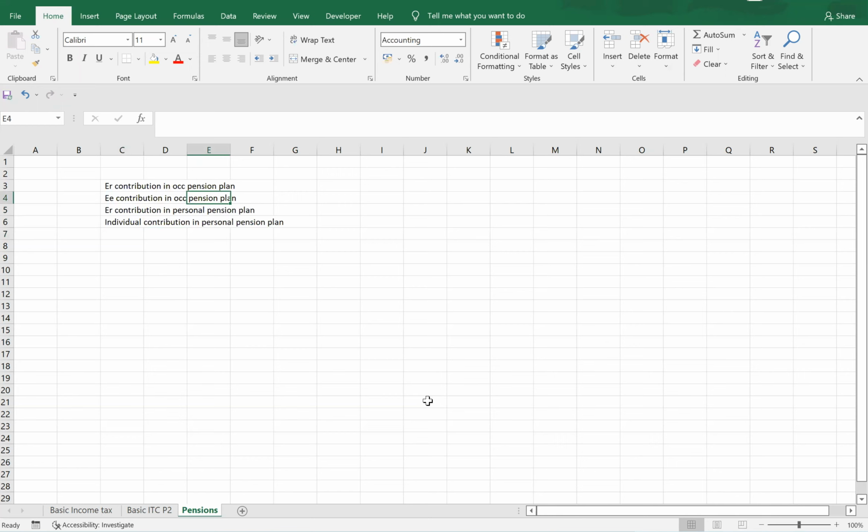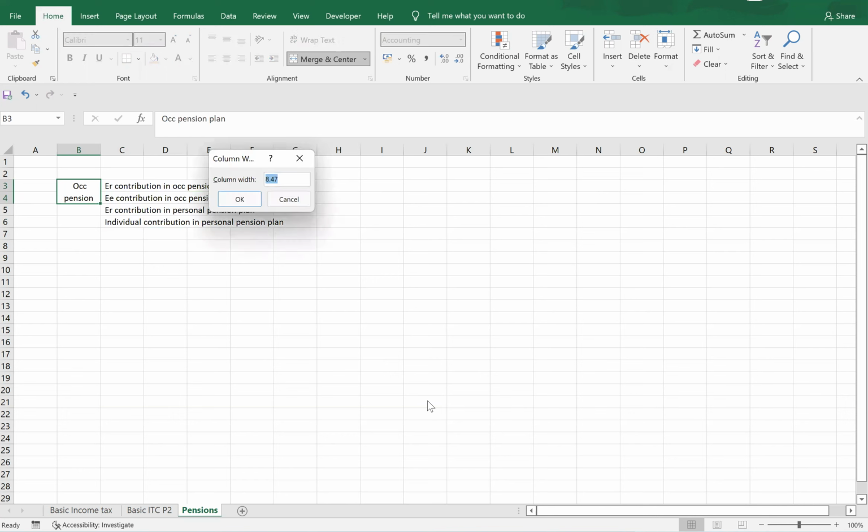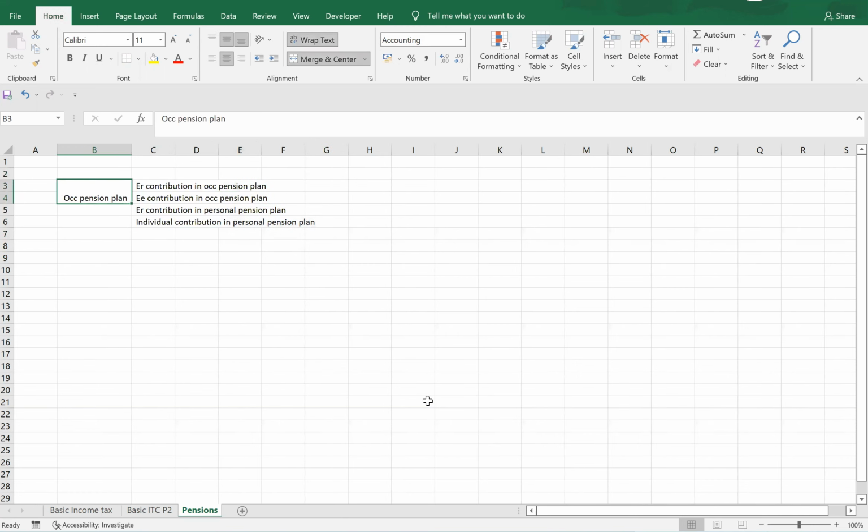So 4 contributions. The first 2 contributions are obviously in occupational pension plan, right? And the last 2 contributions are basically in the personal pension plan.